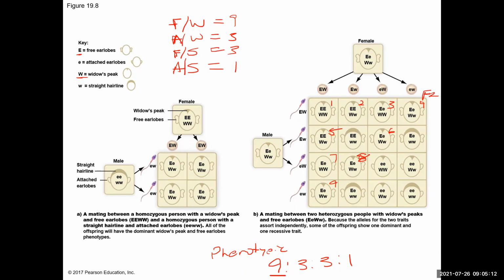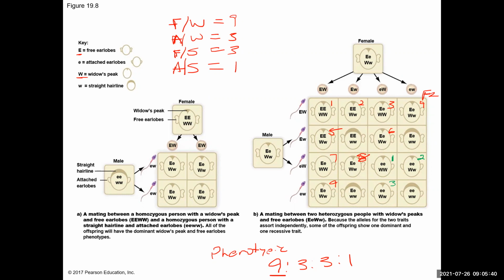Now we can go in and say, okay, which ones are going to be attached with widow's peak? If they're attached, then they're recessive e, so they have to be homozygous recessive. So this one is attached with widow's peak. This one is attached with widow's peak. And this one is attached with widow's peak.